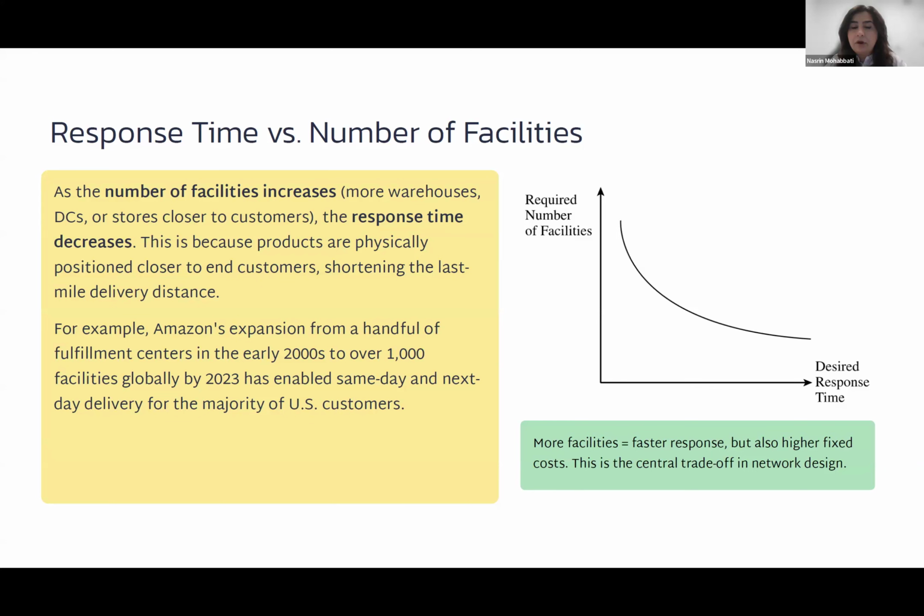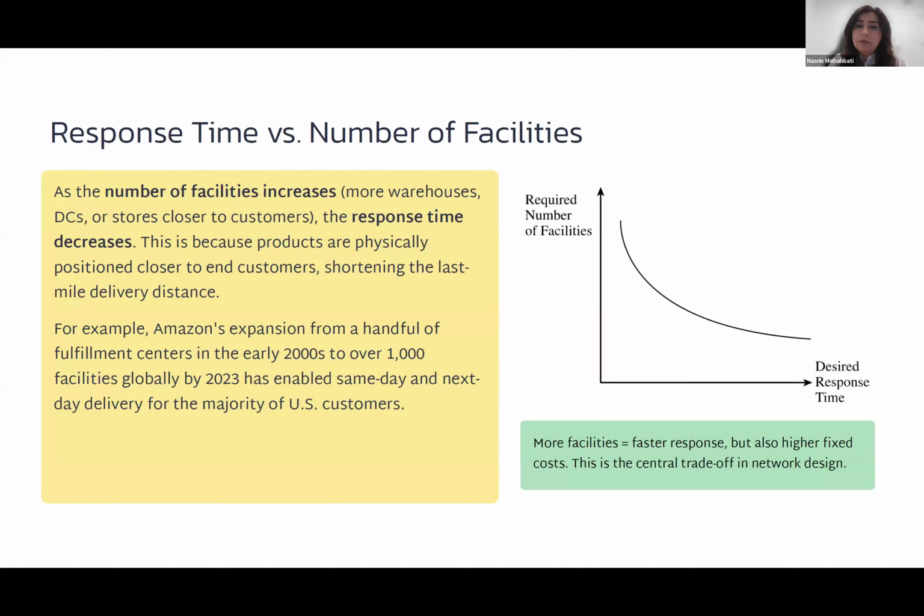Obviously, if we have a large number of warehouses close to the customers, we can easily deliver to them fast, right? This was a strategy by Amazon. They wanted to be close to the customers so they can promise one-day or two-day deliveries, or overnight deliveries. So they started building many fulfillment centers so that they are close to customers and can promise that.